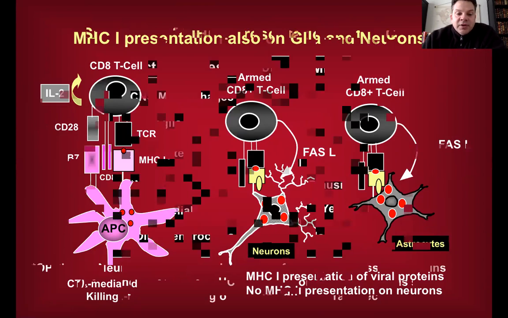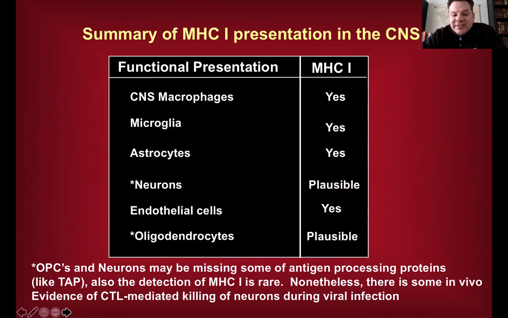Really, this table, I think, is trying to show you all the different cells that express MHC class 1. And again, it's on all nucleated cells, and I won't try to trick you with any questions about it, but for our class, let's say for sure that CNS macrophages have MHC1, microglia have MHC1, astrocytes have MHC1, endothelial cells have MHC1.